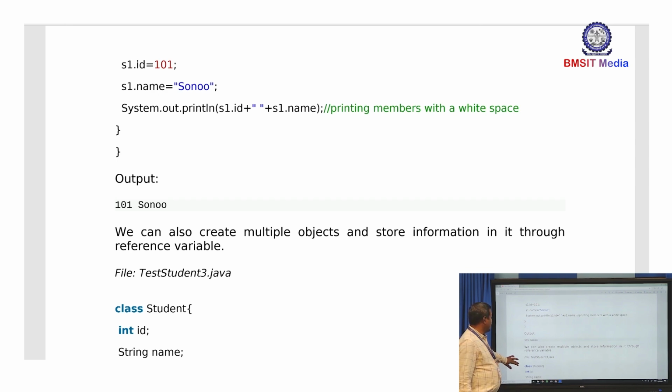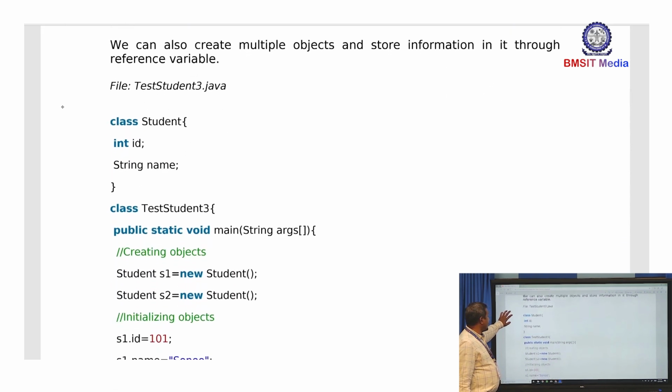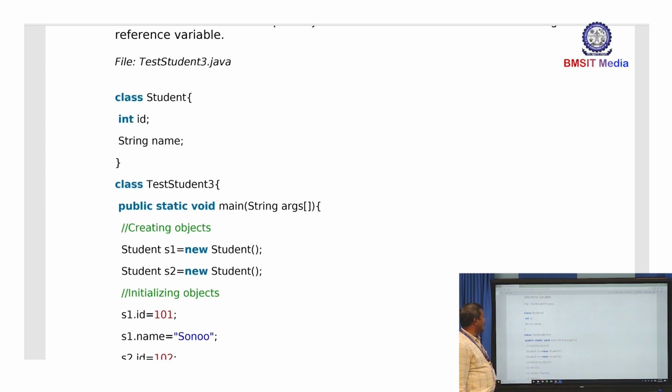One more example. We have a class called Student, and we have two objects created. In the TestStudent3 class, Student object number 1 is s1 and object number 2 is s2, created with the help of the new keyword.